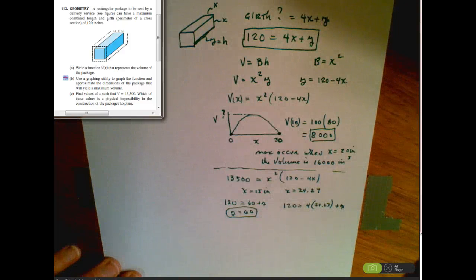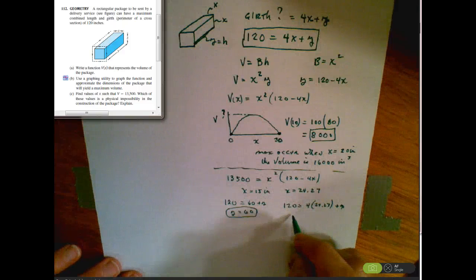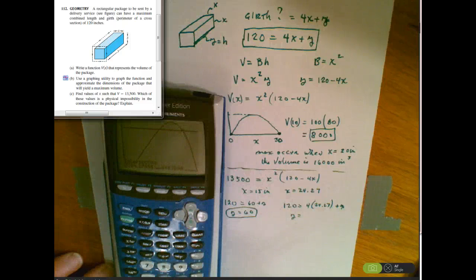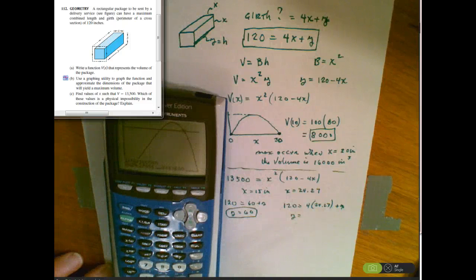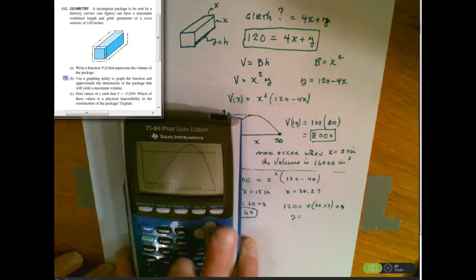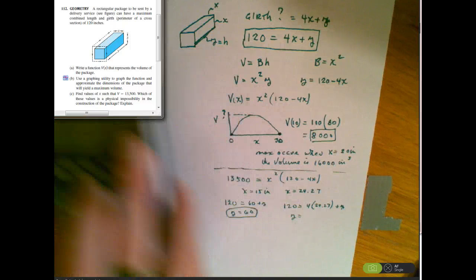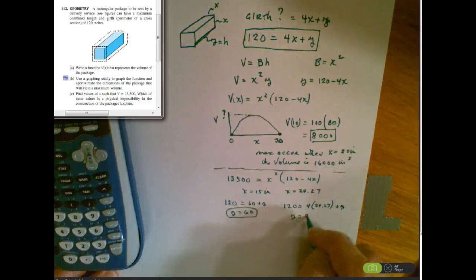I'm going to use my calculator to figure this one out. Let's go to the home screen. 120 minus 4 times 24.27. That'll get us in the ballpark. And that means y is 22.92.